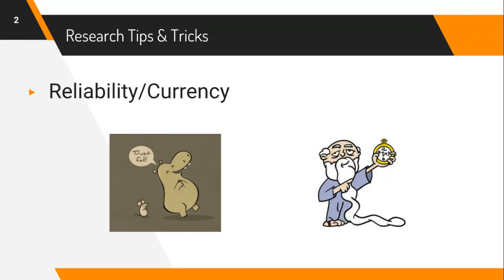So when you're looking at sources, make sure that you're using sources that are relatively current. Obviously, you're not going to find everything within the last 6 months or last year, but you want to do your best to find sources that are relatively recent.